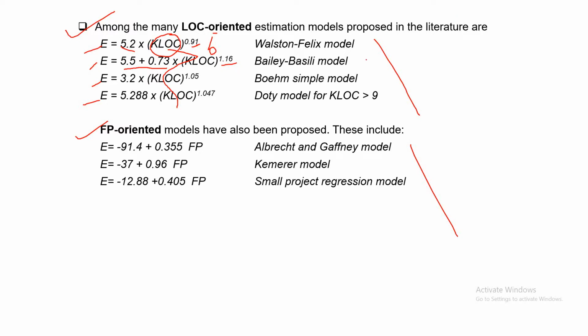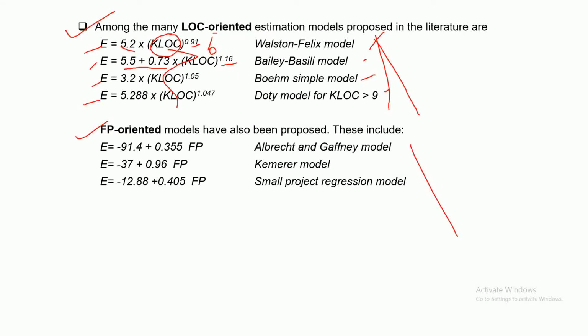So which one to use? Again, this is a matter of research. Which formula is best suitable for the problem that you are trying to estimate? Which formula is best suitable for the kind of project that you are dealing with? So you need to study all these things in detail and then carefully choose the estimation formula.